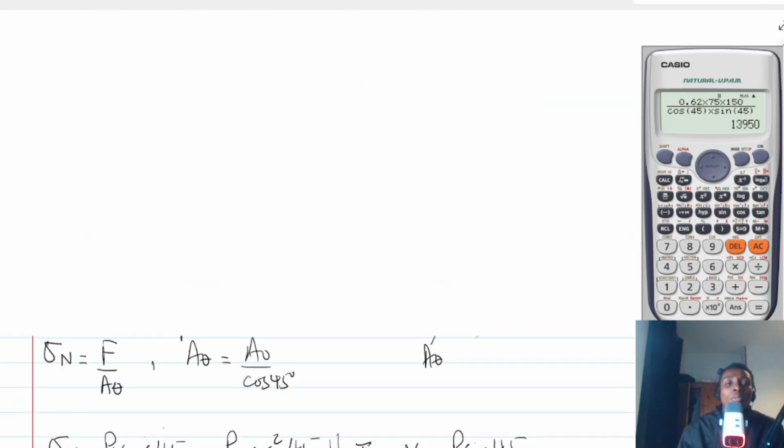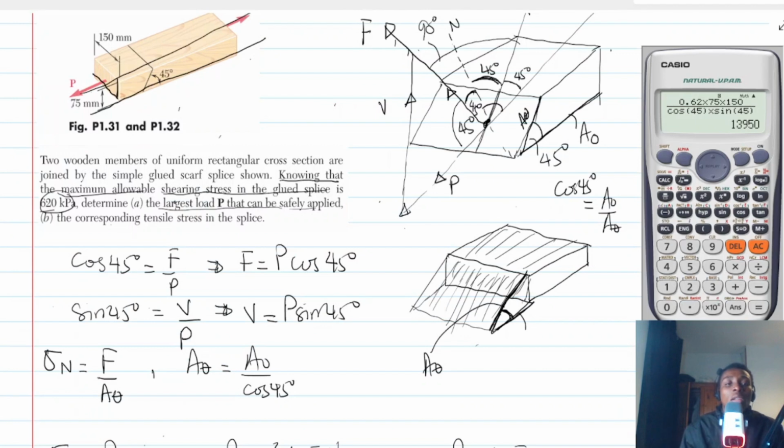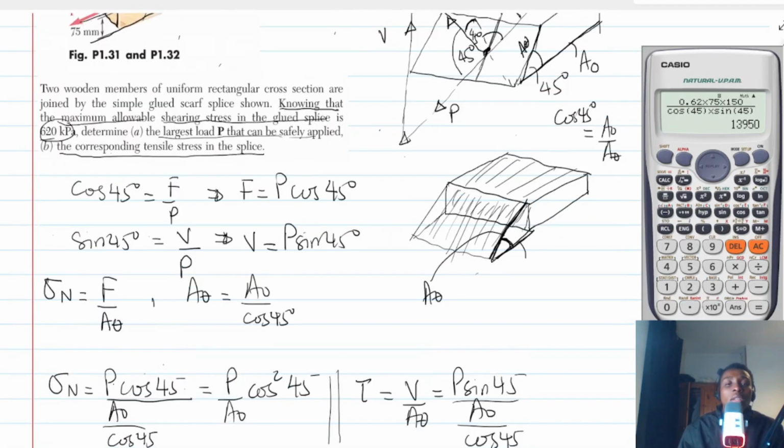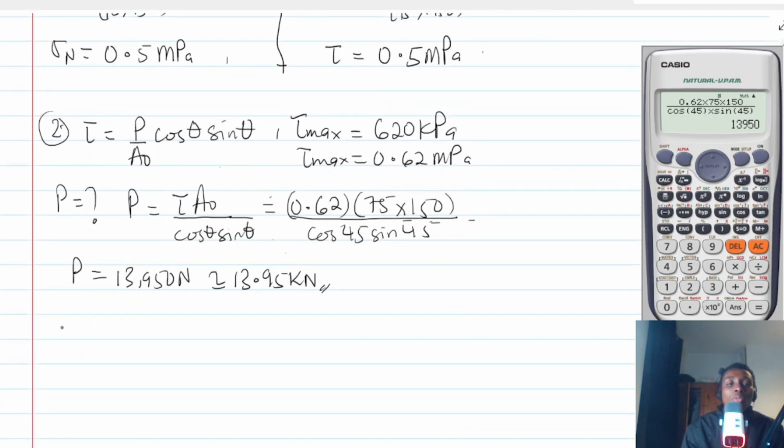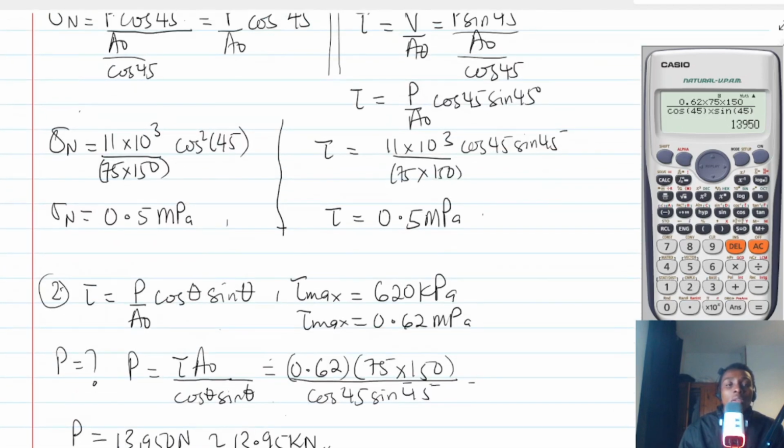The next part of problem 2 asks for the corresponding tensile stress in the splice. Now we know P, so put it into the stress equation. That's all he's saying.